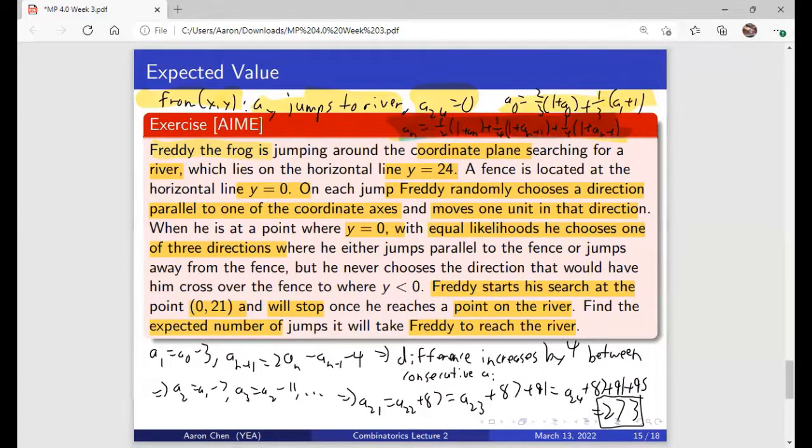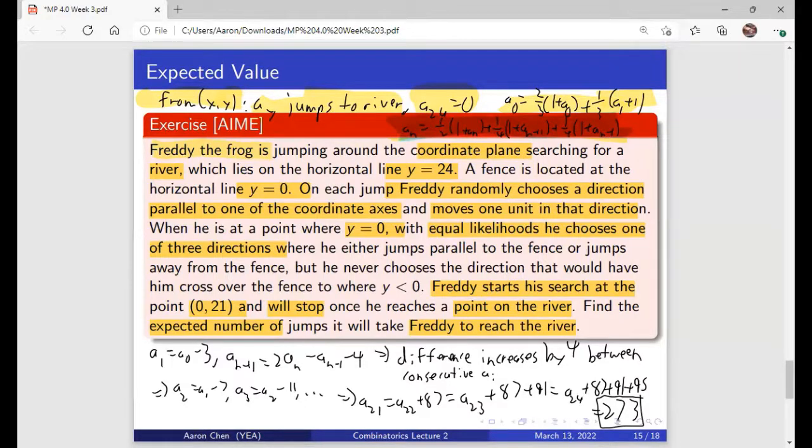So a_n for everything else is 1/2 times (1 plus a_n), and that 1/2 is from jumping left or right. And there's a 1/4 times (1 plus a_(n+1)). And this case comes from the chance where Freddy jumps upwards. And obviously the final case would be if Freddy jumps downwards, which would be 1/4 times (1 plus a_(n-1)).